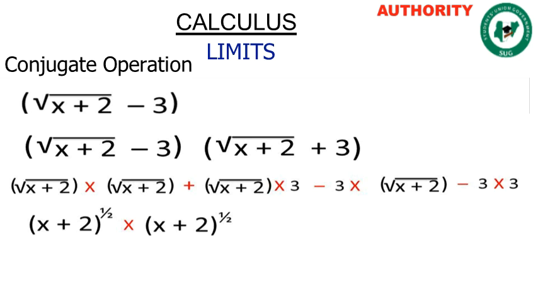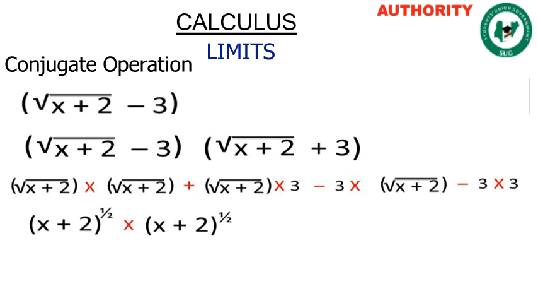Is it not the same? It is the same. Now we have times x plus 2 in bracket raised to power 1 over 2. In indices, since they are the same and the multiplication sign is in between them, take their exponents and add them together.